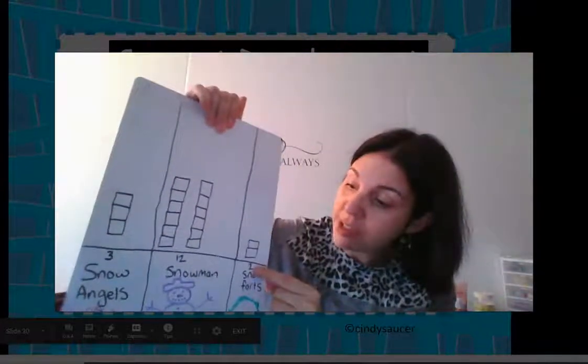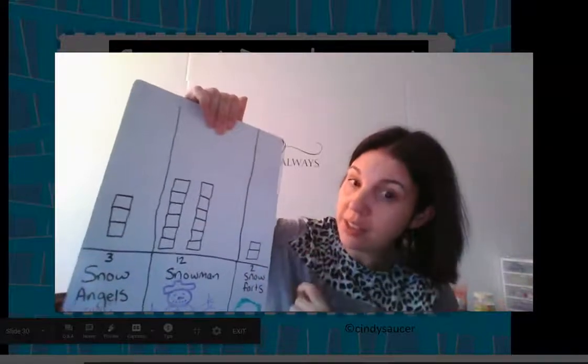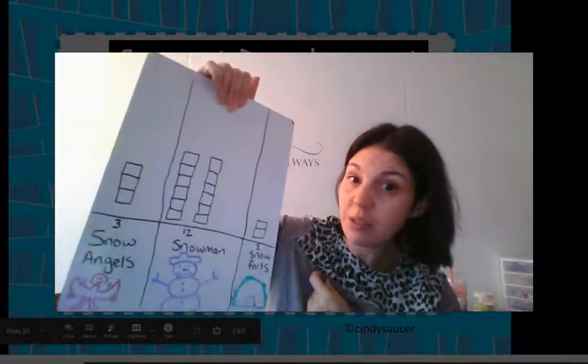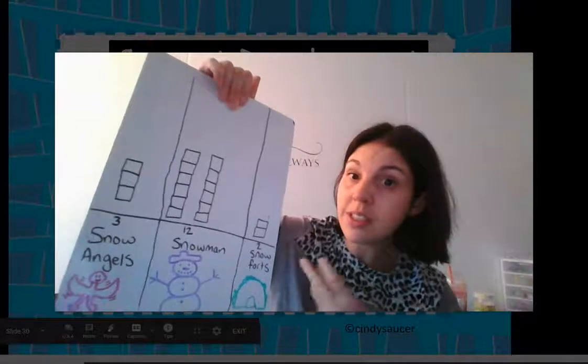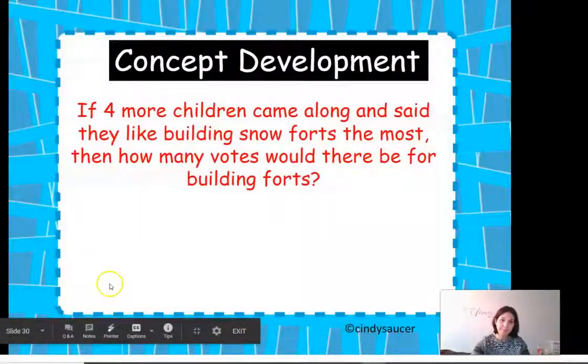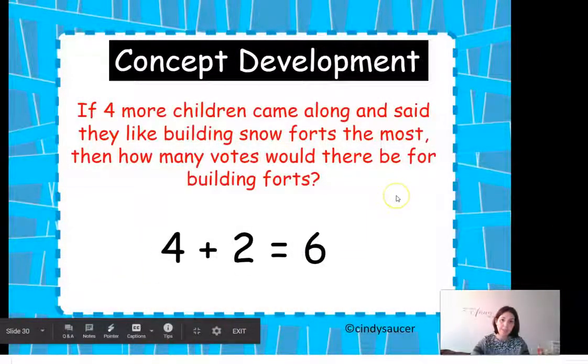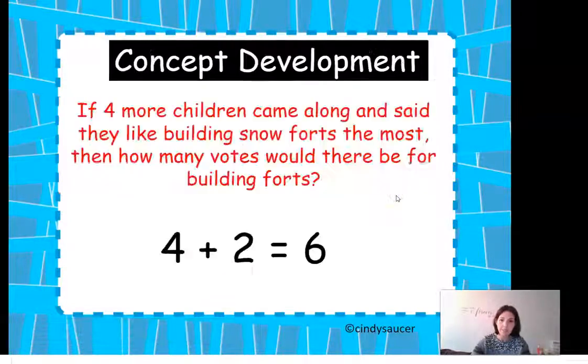So we're going to add 2 plus 4. What does that equal? 2 plus 4 equals 6. Very good. 4 plus 2 equals 6. Nice work. All right.